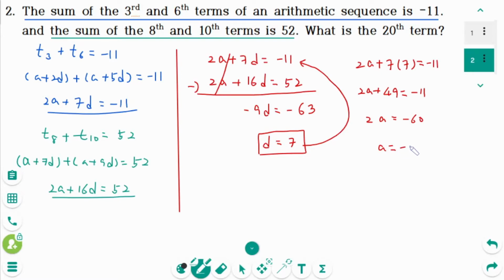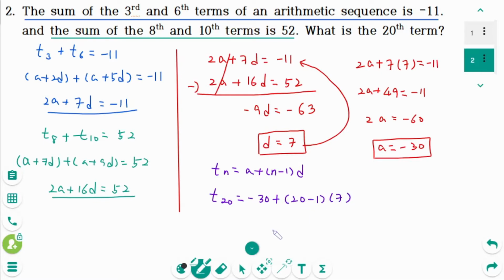A equals minus 30. The general term Tn equals A plus n minus 1 D. Then n is 20: minus 30 plus 19 times 7, which is 103. Therefore, the 20th term equals 103.